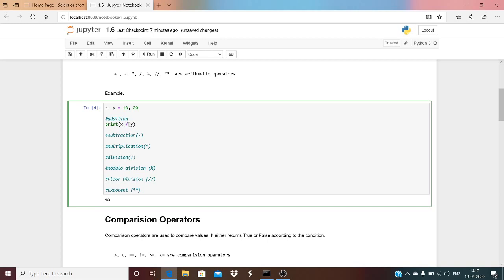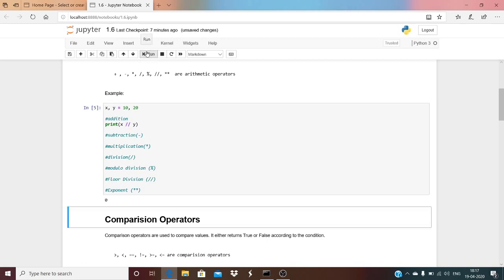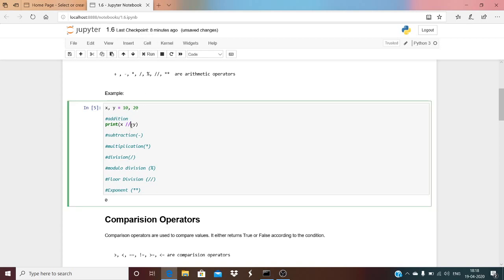Floor division just divides, and if x is not completely divided by y, then it will give 0. Otherwise it will give the quotient which has come. Okay, it is floor division.